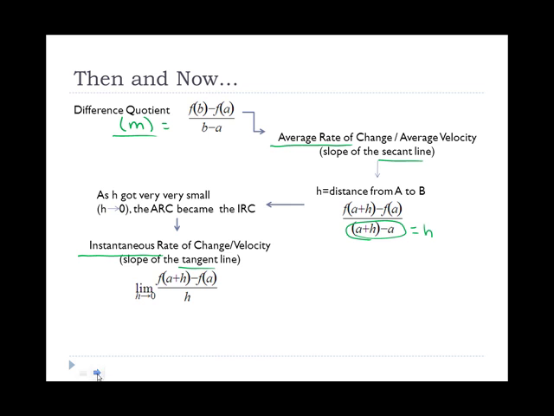Then we take that into actually dealing with equations versus numbers. Up to this point we would have had a function, plugged in numbers, and found the actual slope. But now when we want to find the formula for a slope, we're looking for the derivative of a function. Notice that instead of plugging in for a or b, we have our function f of x.